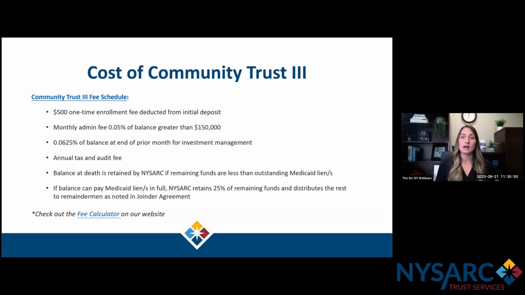Now, the key difference with Community Trust 3 is because the individual is funding the trust with more significant assets, there is a potential that NYSARC would be able to repay a person's Medicaid lien at the time of death. So when a beneficiary dies in this program, we look at the balance in the trust. If it's not enough to pay off the full amount of someone's Medicaid liens, then NYSARC would retain all of the funds.